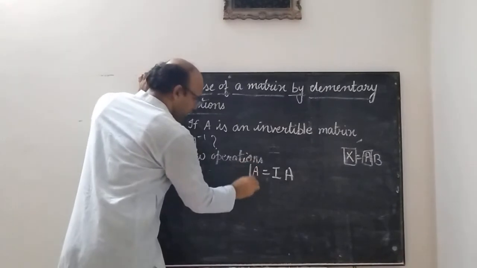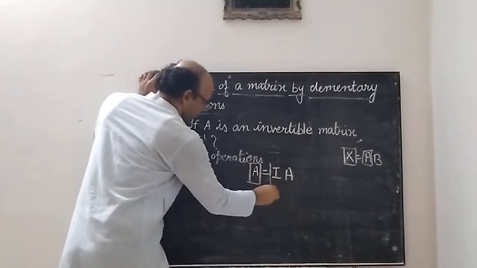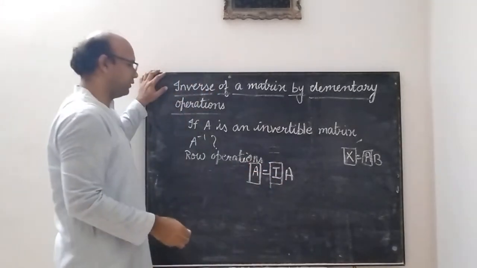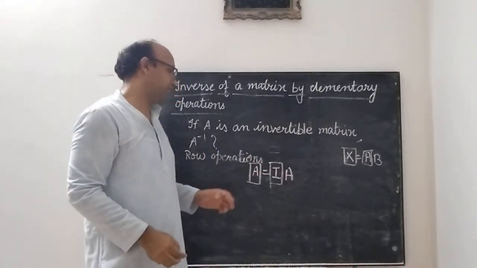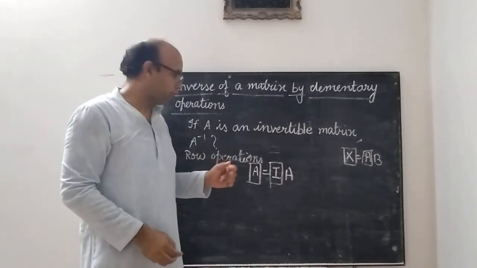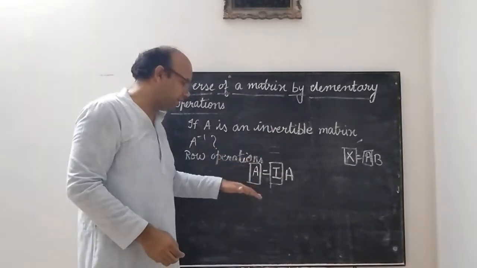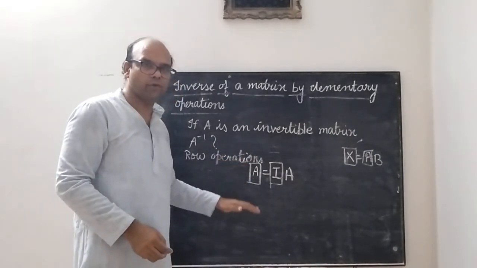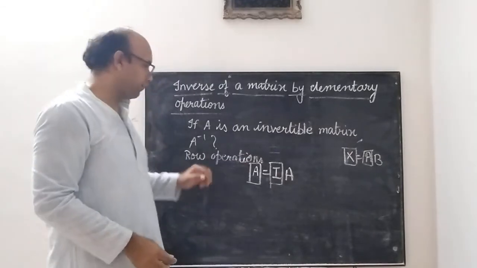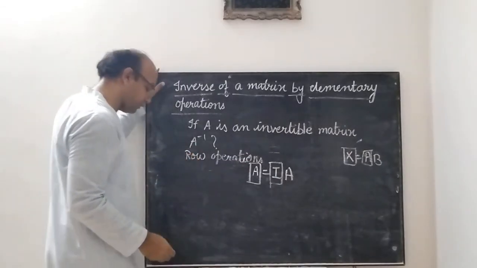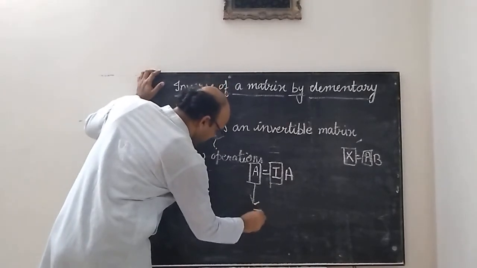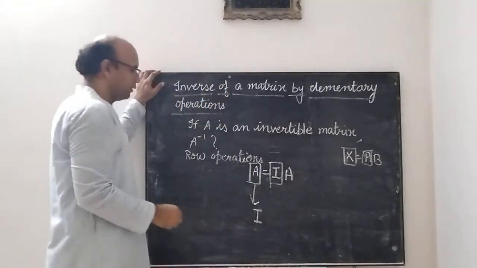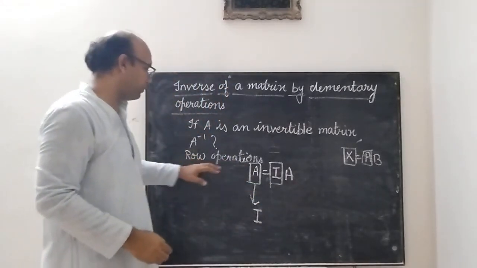So we write A is equal to IA. This is always true. Then we start applying a sequence of elementary row operations.